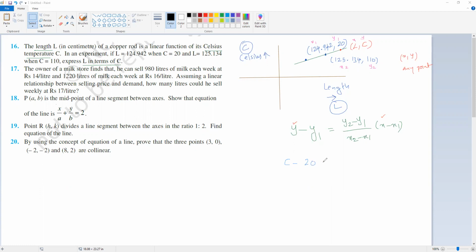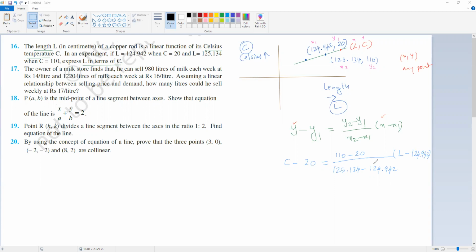So C minus 20 is equal to change in y, y2 minus y1, that is 110 minus 20, divided by change in x, 125.134 minus 124.942, change in y over change in x, into x minus x1, here L minus 124.942.